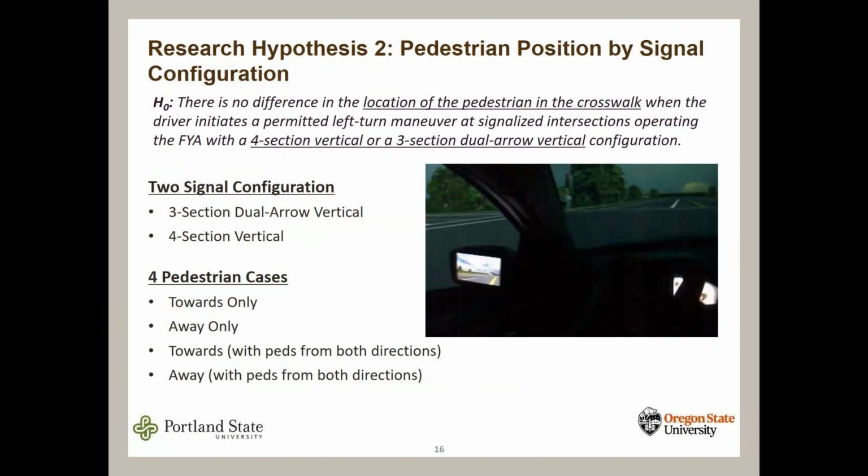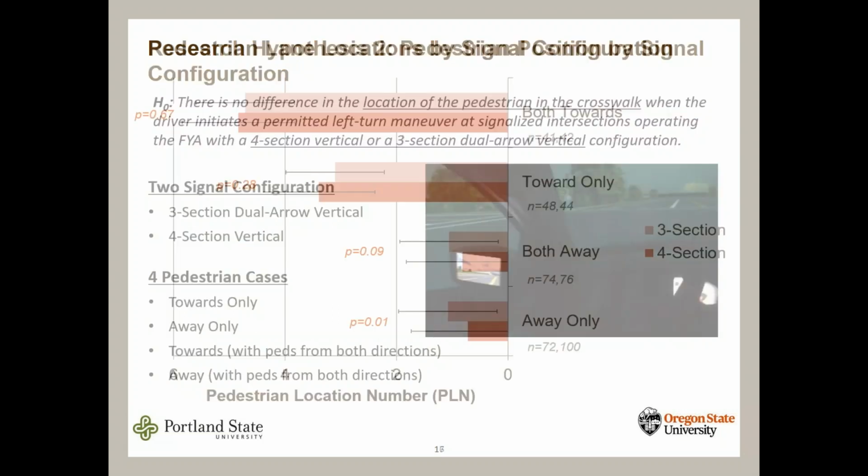And so here a second question became, well, the visual attention's not any different between those 2 signal heads. Could we differentiate differences between where the PED was in the crosswalk and when the left turn maneuver began as we change signal head? And so that's what we're looking at here across the 4 pedestrian cases of interest.